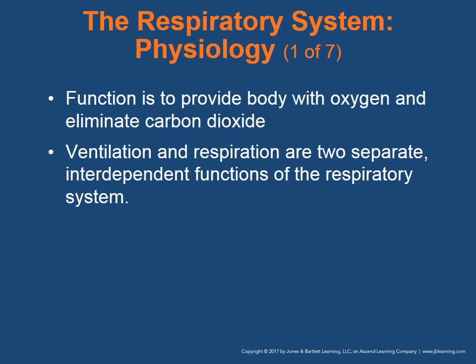But the important thing about ventilation is it's not just getting oxygen in, it's getting CO2 out. Remember we talked about CO2 being the byproduct: when the oxygen goes in, the Krebs cycle makes ATP, and now it makes CO2, water, and heat essentially.